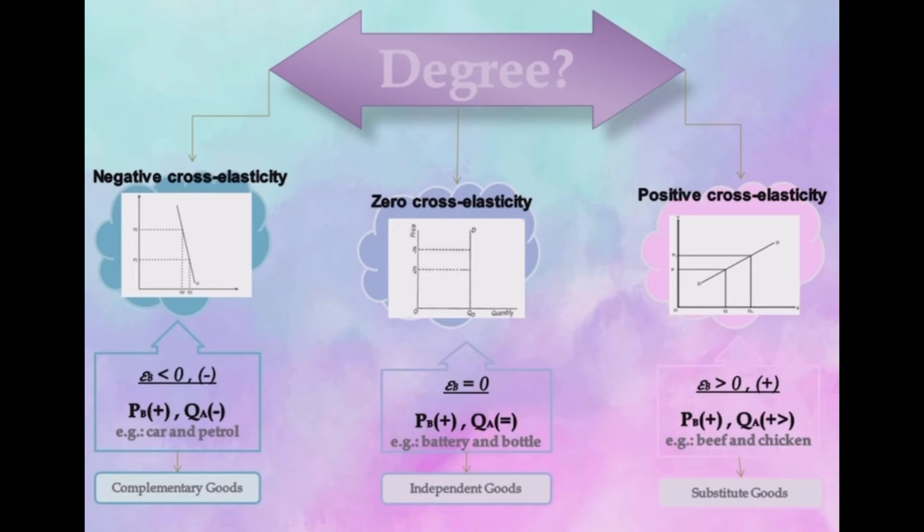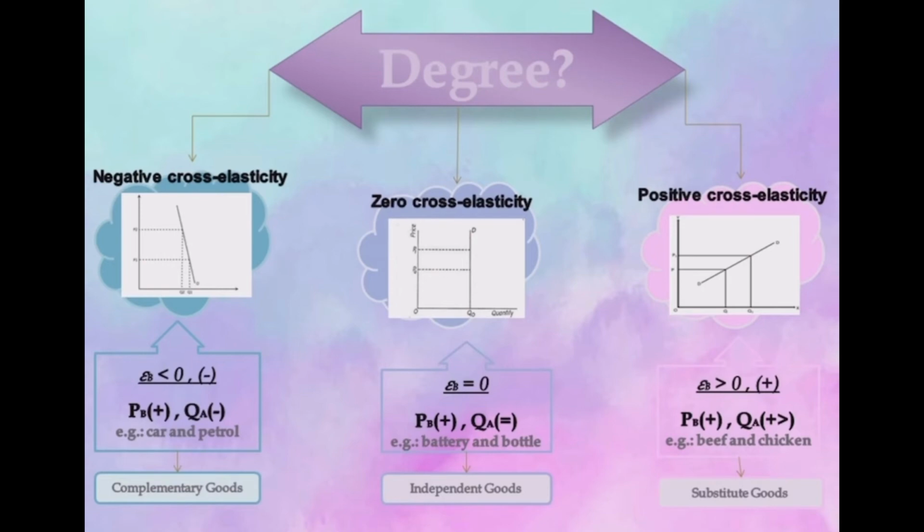Okay, look at the graph. We assume price is for product B and quantity is for product A. If the price of product B increases, the quantity of product A will decrease, because these are complementary goods.